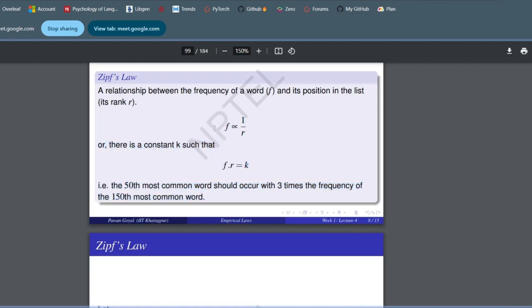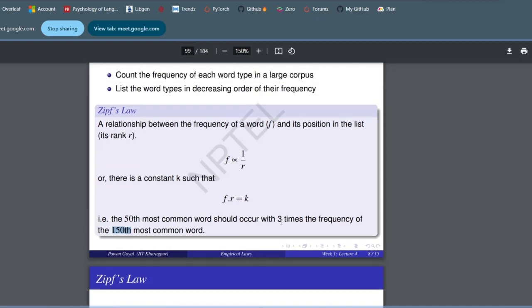So if the 50th most common word has 3 times more frequency, only then would it equate to the rank of the other. So 3 times k would be 50 into 150 into k, where k is some common constant. Considering 50 as R.